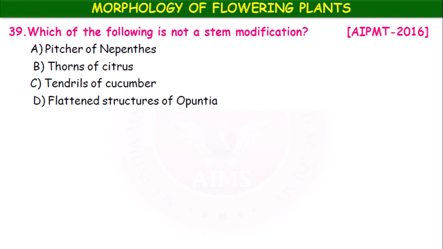Which of the following is not a stem modification? Picture of Nepenthes, thorns of citrus, tendrils of cucumber, flattened structure of Opuntia. Here the picture of Nepenthes, an insectivorous plant, is a leaf modification.